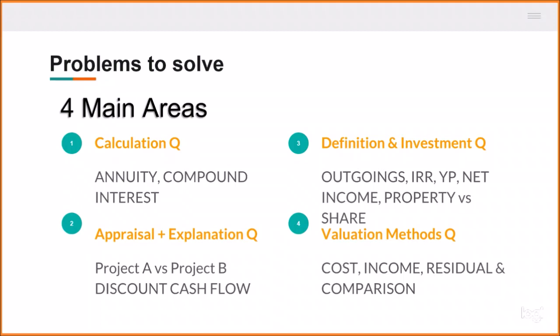Area 1 is annuity and compound interest. Area 2 is comparing project A to project B: project A has income of so much and expenses of so much, project B has so much and so much, and then you work out which is the better investment. So this is more in the area of appraisal. Appraisal and investment related questions on calculation.